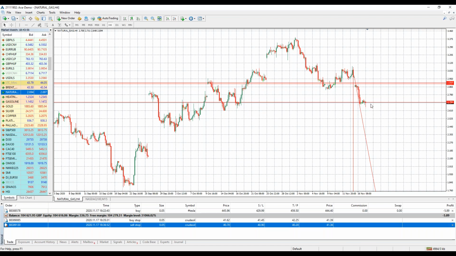And by the way, if I add Fibonacci levels, here's a Fibonacci drawing tool. I click on it, I bring it over to the chart. I'll include all of this data, all of these candles. So all I have to do is go to where I want it to start, left click and drag.